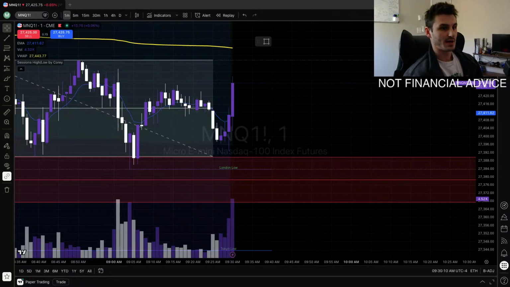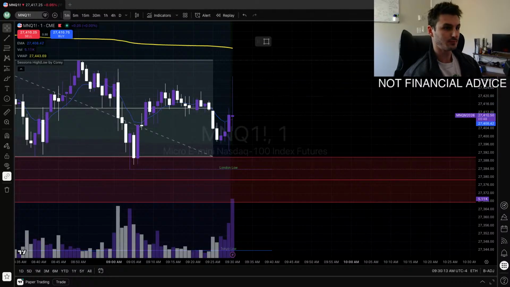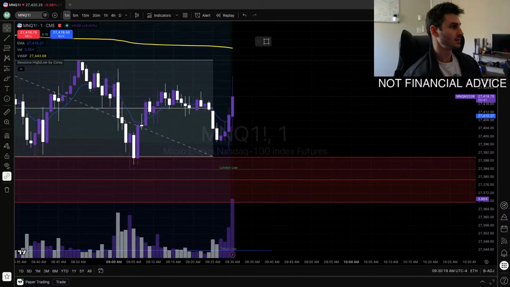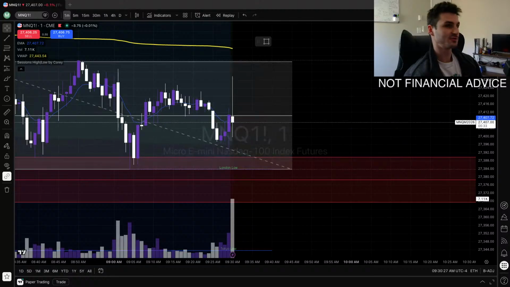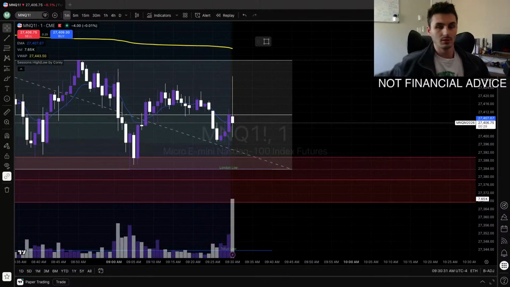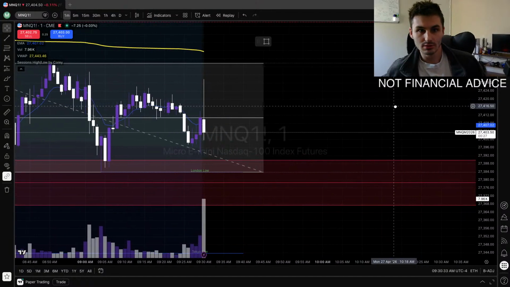Alright, let's see how we react off this level. We're still in that accumulation. 1 minute, we might break out here though. Let's do this. Let's see if we can sweep out London low. Let's see.